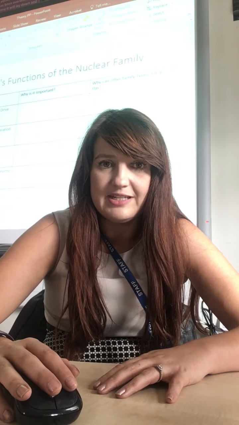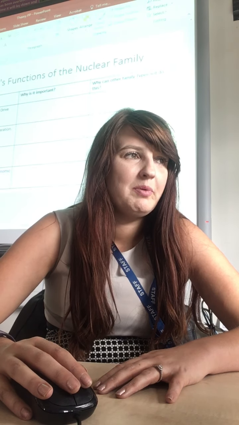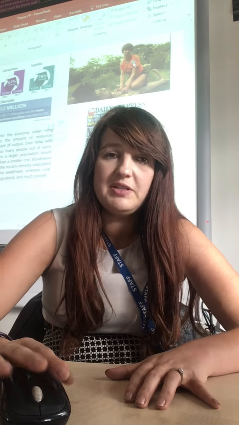Third, socialisation of the young. What we can see at the top right-hand side is a picture of a girl who actually sees herself as a dog. She was kicked out of the family home and raised by dogs, and because she got socialised by dogs, she actually started to act like a dog. She barked, she ate raw meat, and this is just one example of what can happen without that adequate socialisation.